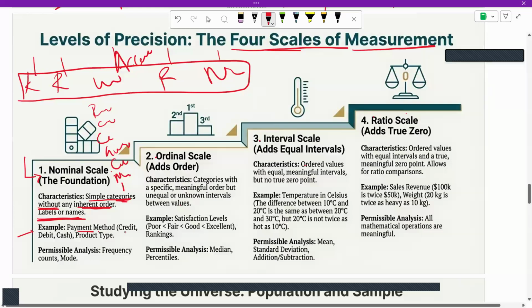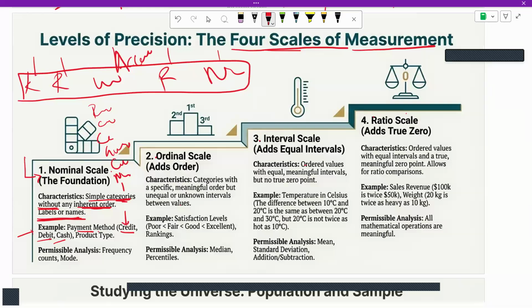Examples: payment method, credit card, debit card, cash payment. These are categories. We cannot say credit card is better than another; it's just the type. And product type, like large product, small product, very small product, electronic product, home appliances, sports, outdoor.